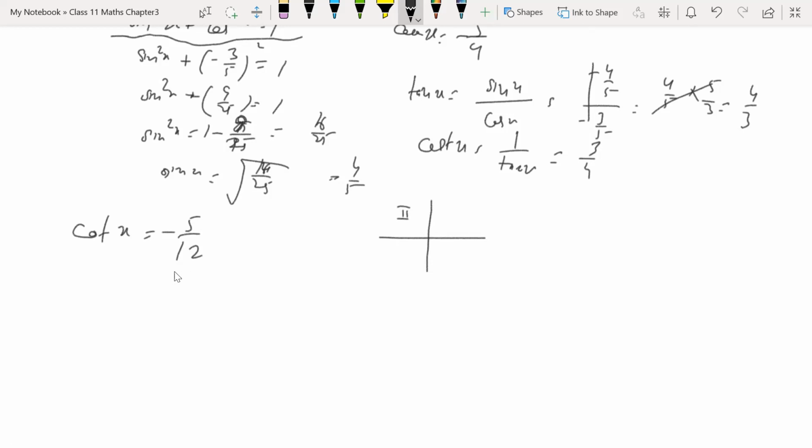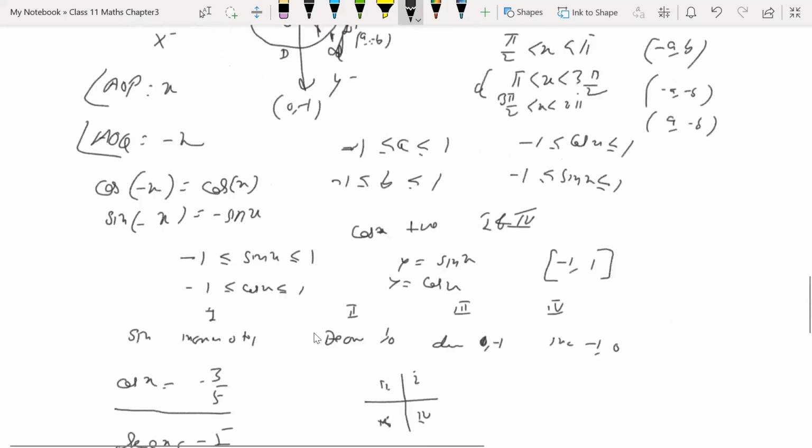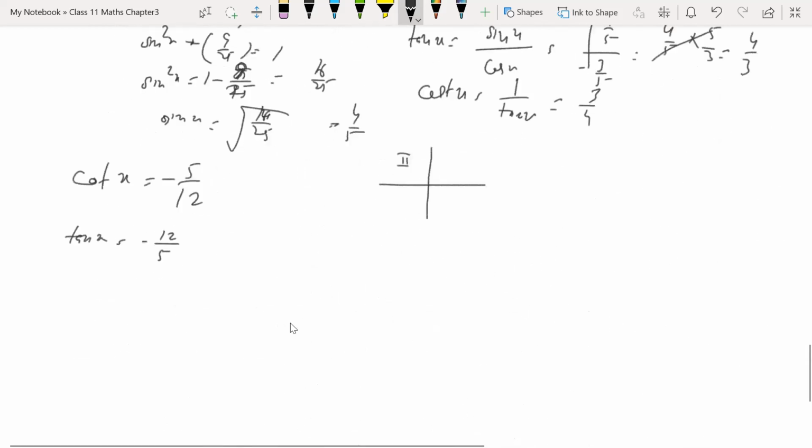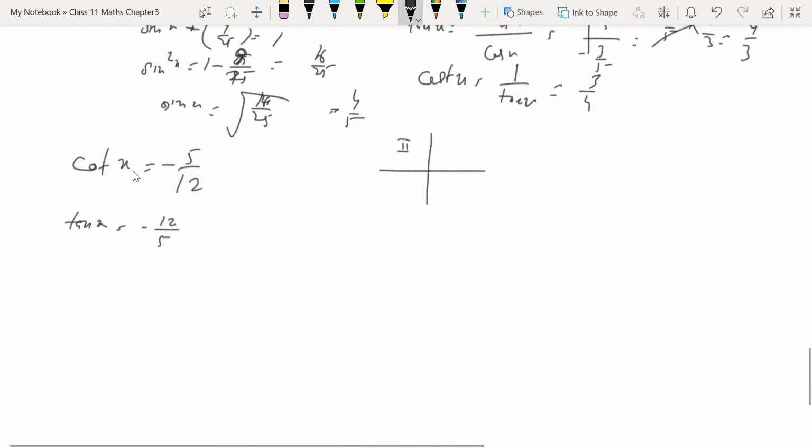If cot x is minus 5 by 12, then tangent x is minus 12 by 5. As you have studied, in the second quadrant only sine and cosecant are positive, others are negative. It means in the second quadrant, tangent and cotangent both would be negative.